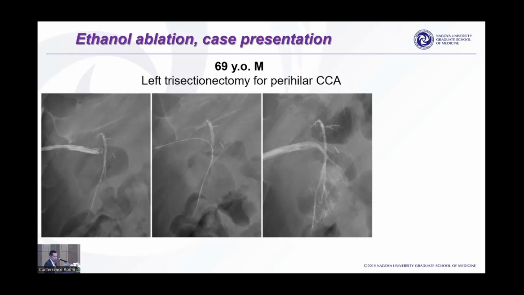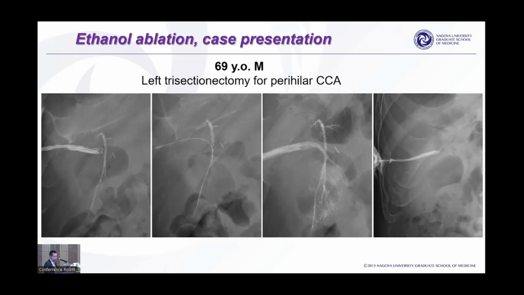The catheter was inserted into the bile duct and absolute ethanol was injected. Ethanol injection was repeated 4 times. And then the bile duct was completely ablated and bile leaks resolved.